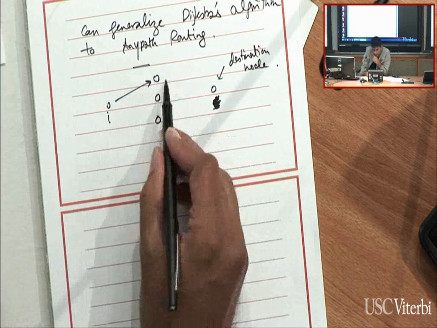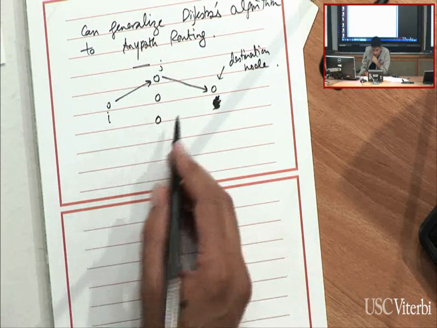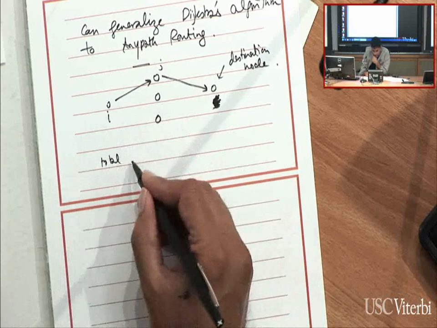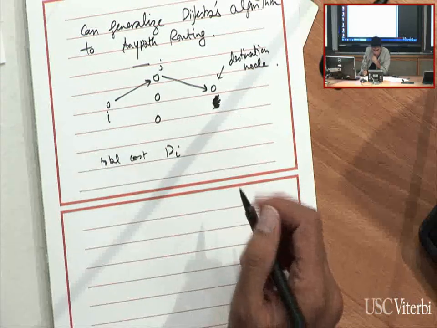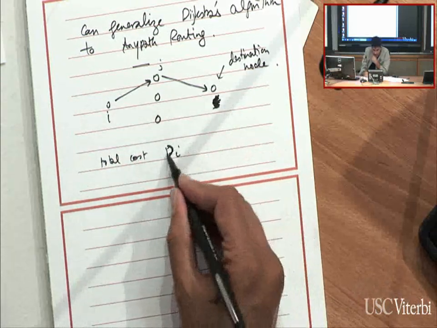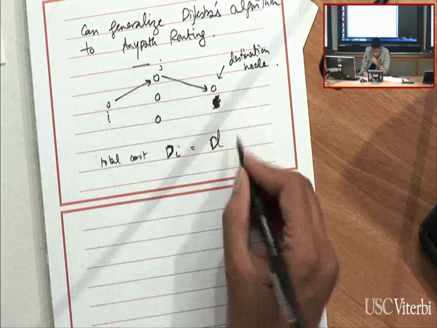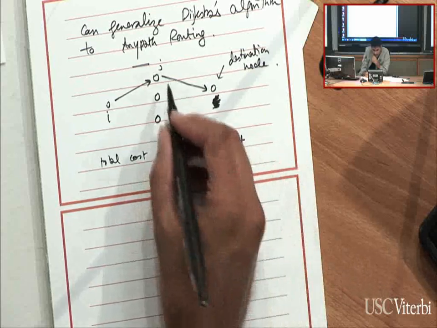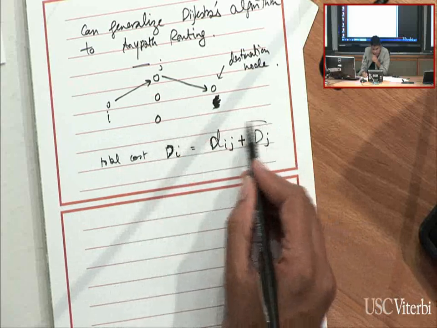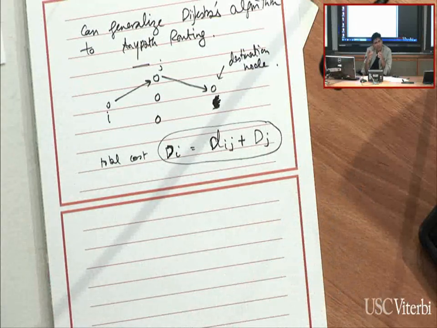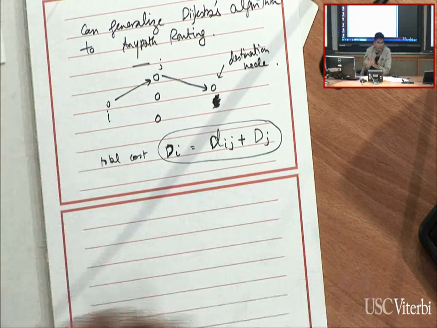Traditionally, the way you would have broken your calculation is, if this was some node J in between, your total cost for going from this node to the destination, let's call that capital D_i, is equal to some local cost of going from I to J plus the cost of going from node J. This is your building block of the iterative, recursive calculation that fundamentally shows up in both Dijkstra and Bellman-Ford, in fact.